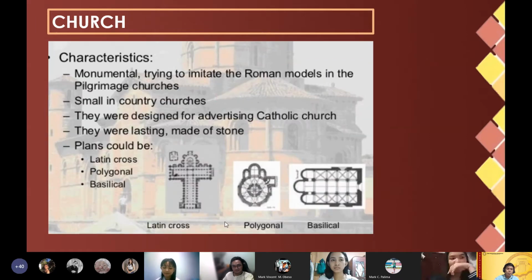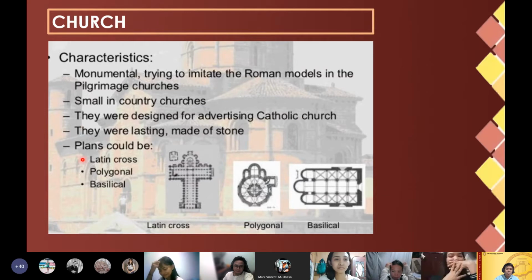Church. So characteristics of church, we have here monumental, trying to imitate the Roman models in the pilgrimage churches. Small in country churches. They were designed for advertising Catholic Church. They were lasting, which is made of stone, and the plans could be.